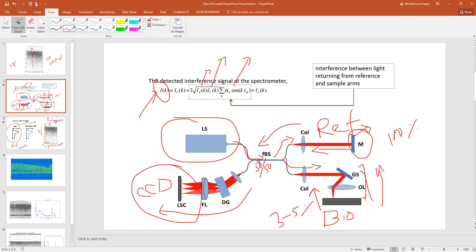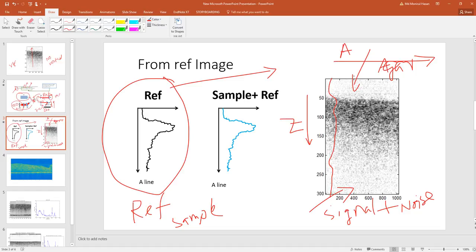So we need to account for that amount. If we only subtract the reference arm data, the data we collected by blocking the sample arm, we are not counting the amount that contributes to the noise from the sample arm power.